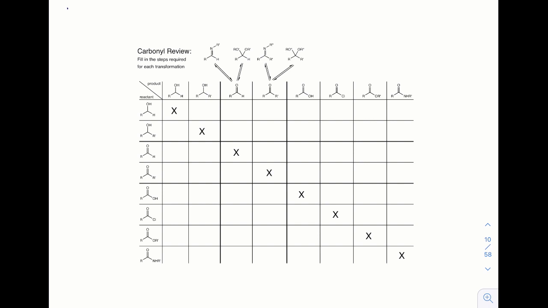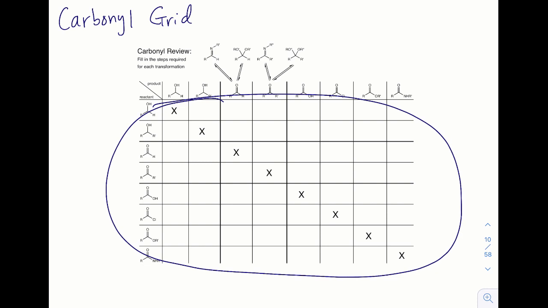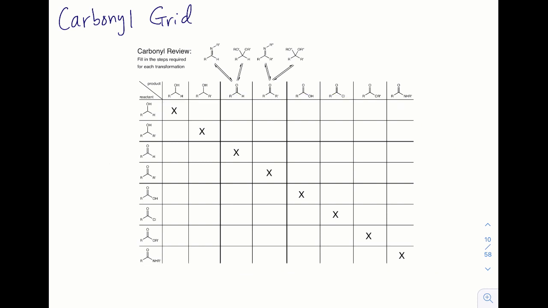Speaking of coming back to things, here we are at the carbonyl grid. The carbonyl grid is a synthetic tool. Some of the squares on the carbonyl grid are just one transformation, one set of conditions, while other squares represent multi-step transformations that we may encounter in synthesis problems. The carbonyl grid helps us to prepare for synthesis problems.